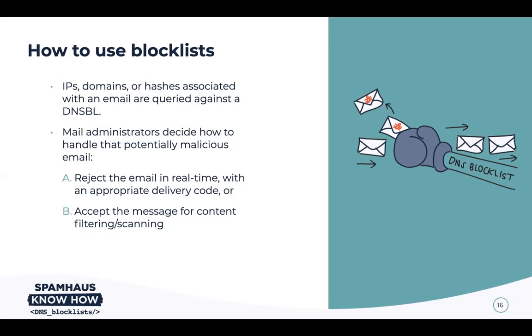usually what we say is we believe that the data that we publish is good enough, when you talk about IP addresses, to reject at the front door. Basically, the moment you get a connection to your mail server from an IP address that's on our list, we believe that it is safe enough to actually reject that message.